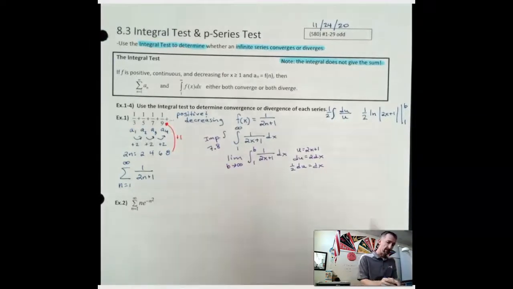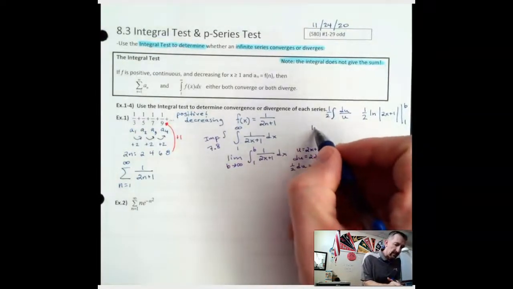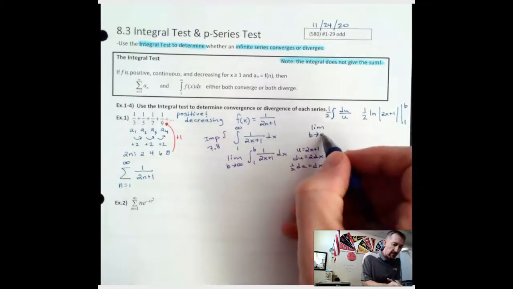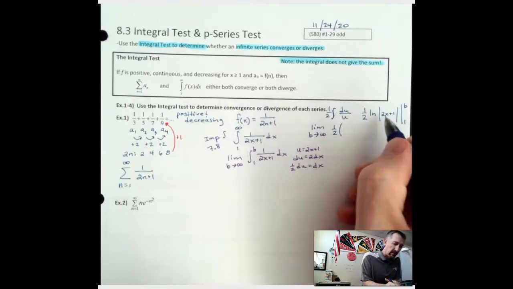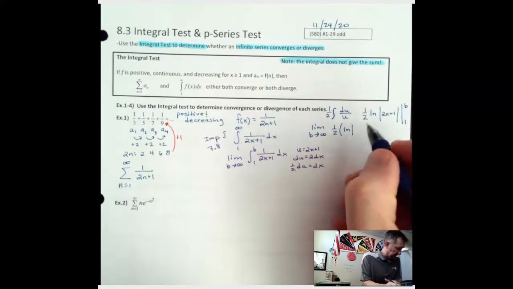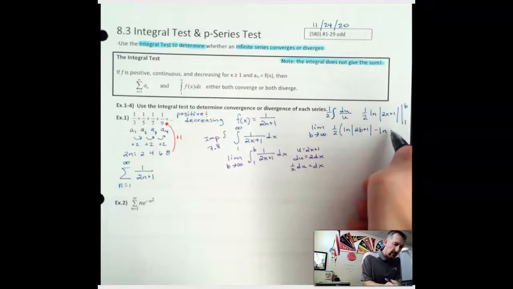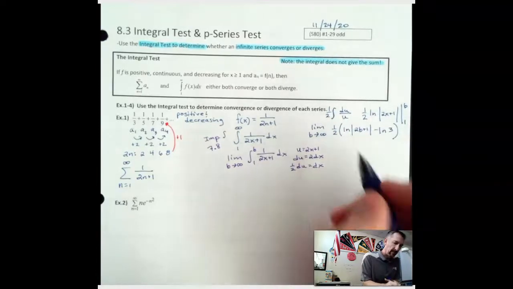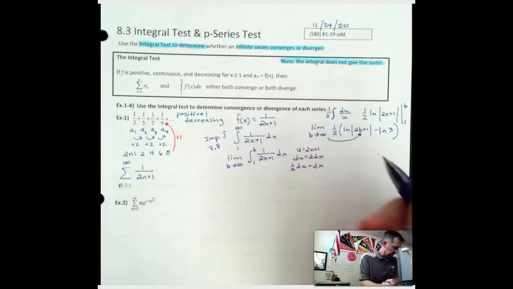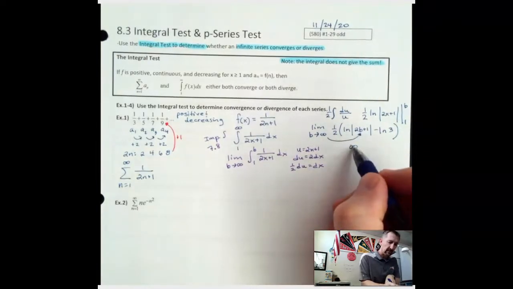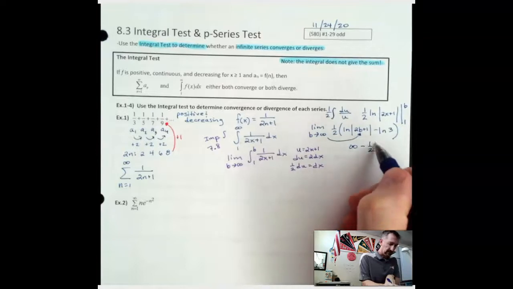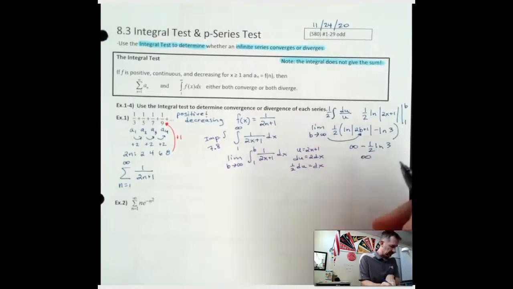So we want the limit as b approaches infinity of 1/2 natural log of 2b plus 1 minus the natural log of 3. So that's going to be 1/2 times the natural log of infinity, which is infinity, minus 1/2 the natural log of 3, which is going to be infinity.